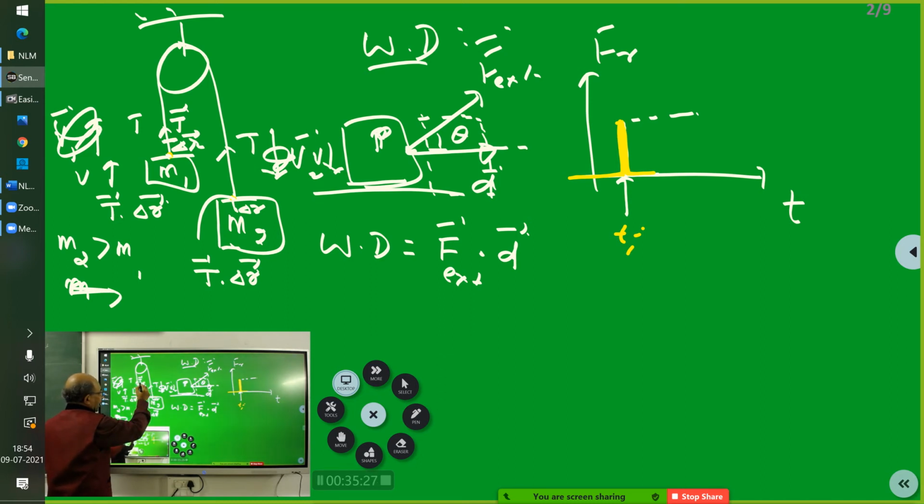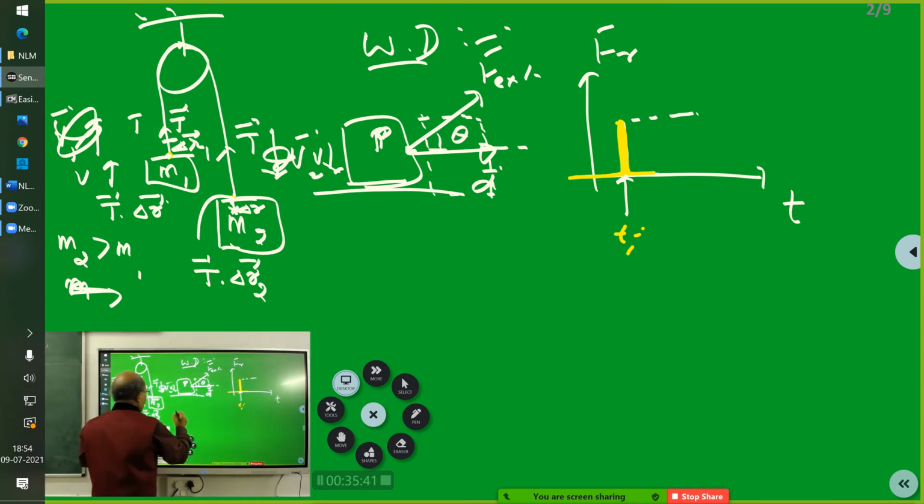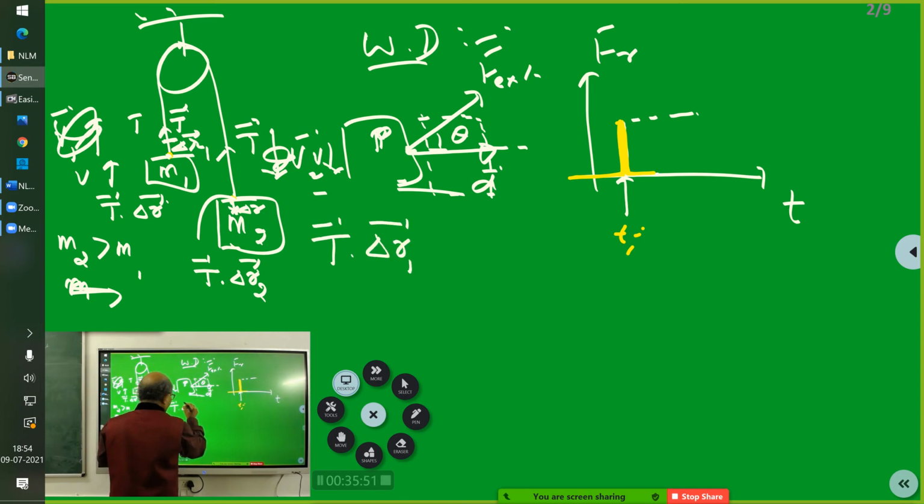Here I will take T bar up. This is also up. But delta I will take it R1 bar. Here I will take delta R2 bar. Why? Because this vector is down. This vector is up. Are you with me? So, for the body M1, the work done will be T bar dot delta R1 bar.